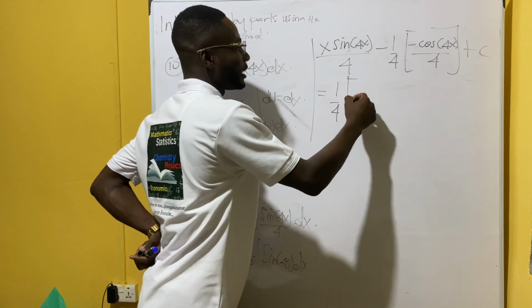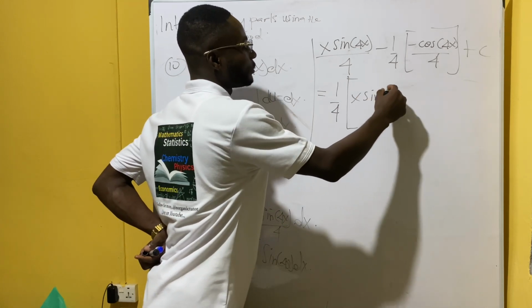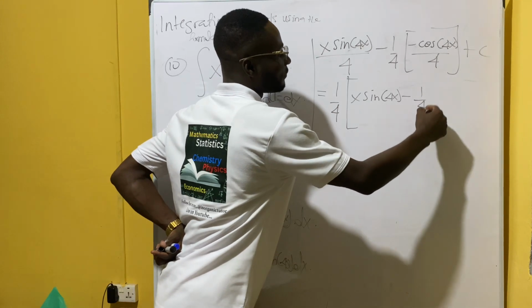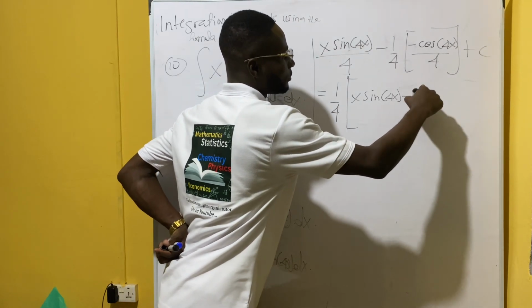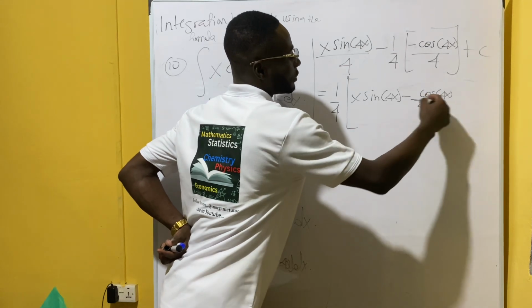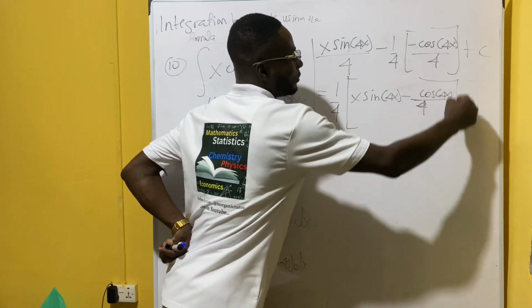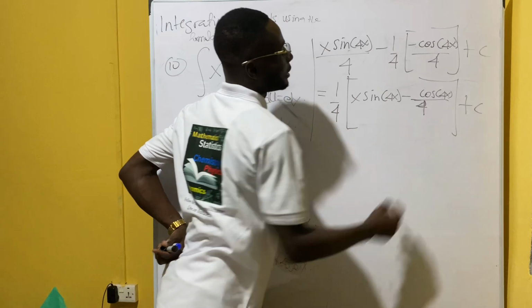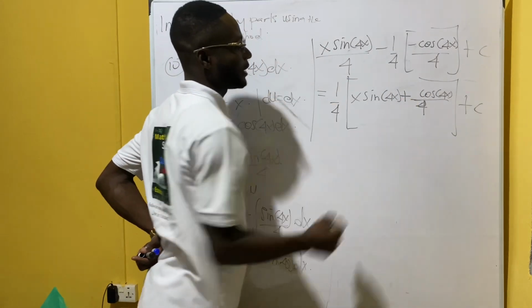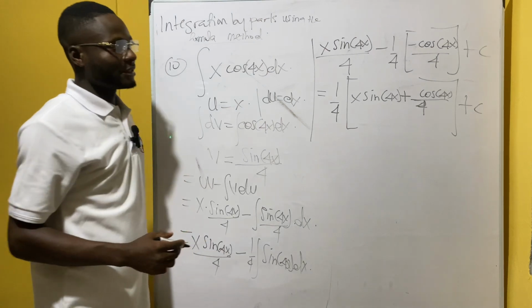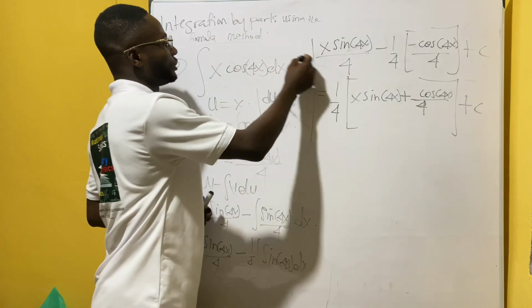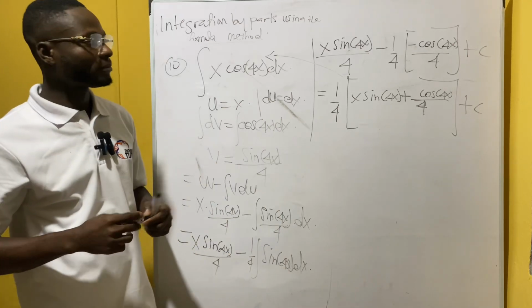We are going to have 1 on 4 of x sine 4x minus 1 on 4 cos 4x all on 4 plus c. But there is negative here, so you have plus right here. So that is the end of the problem. This is the solution to this particular problem.